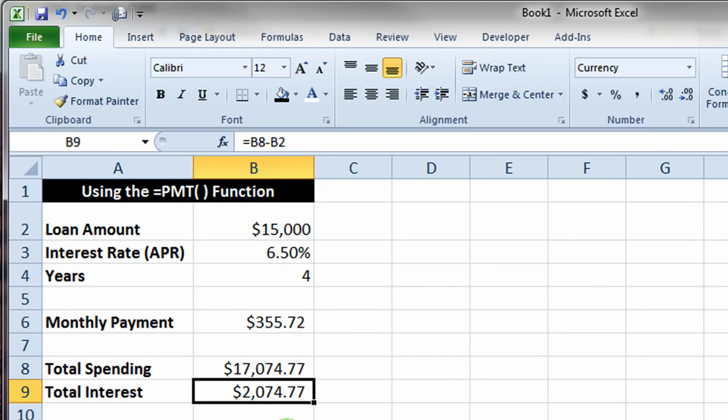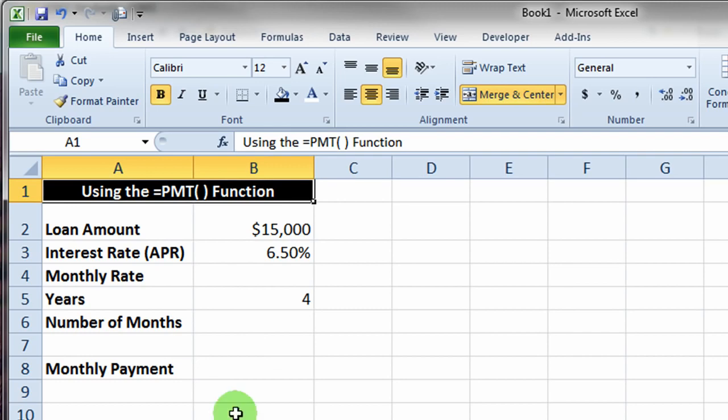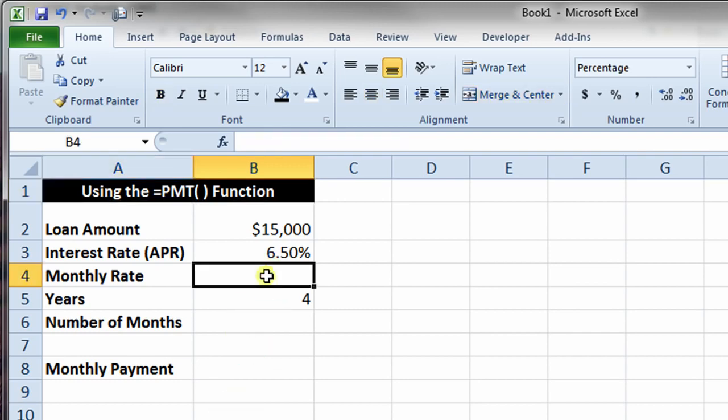Now, another way that you can do this particular function is, instead of trying to figure out how many payments and what the interest rate per month is, I'll just go to my second sheet here. We can actually add additional cells on our sheet to figure out what the monthly rate is. So if I want to figure out what the monthly rate is, of course, that would simply be taking the annual rate and divide it by 12.